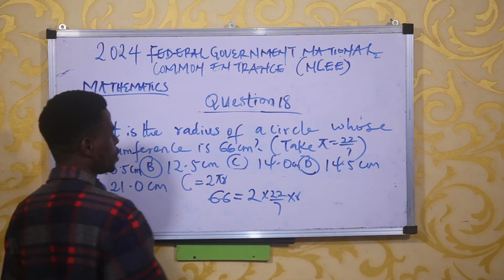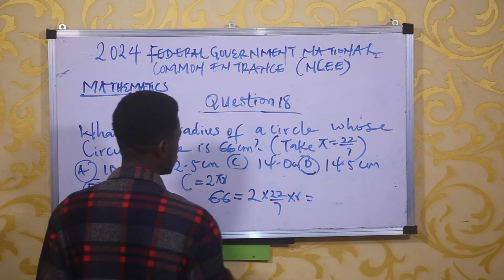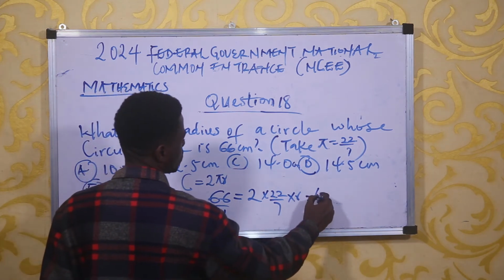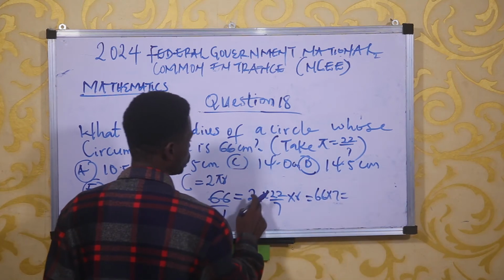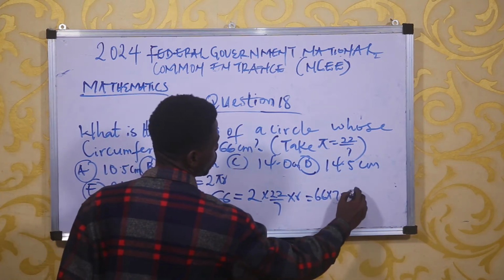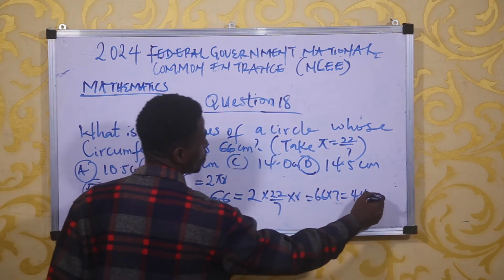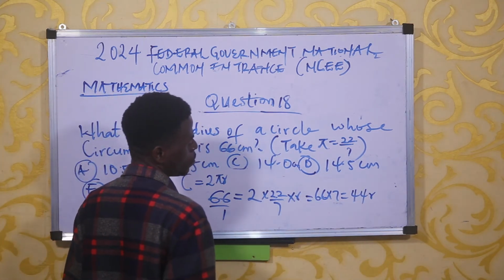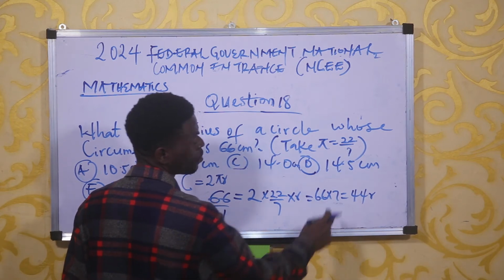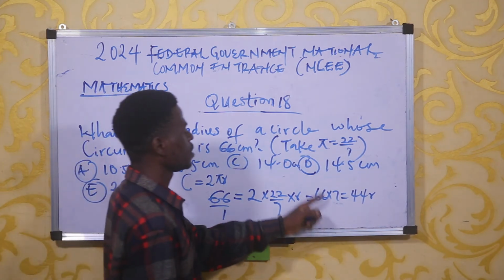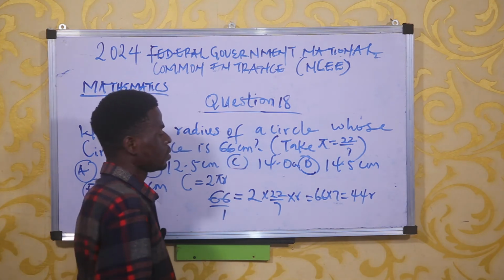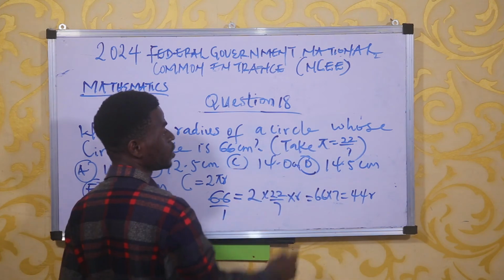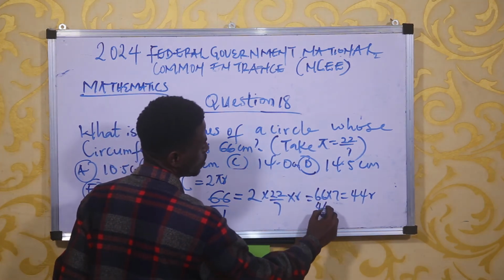Now in this place, 66 equals, multiply. 7 times 66, and 2 times 22 will give us 44. Don't forget, times r will give us 44 r. So 66 times 7: 7 times 6 is 42, then take your 4 up. 7 times 6 again, 42 plus 4 will give us 46, which is 462.